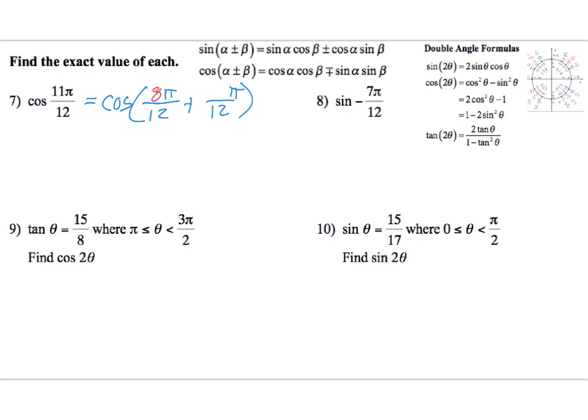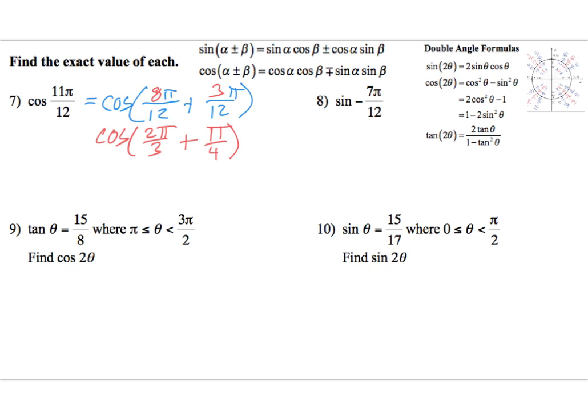So I'm going to choose 8 and 3 because both of those reduce in here. That gives us cosine of dividing both of those by 3, 2 pi over 3. By that I mean dividing both by 4. Then for this one, dividing both by 3, we get pi over 4.